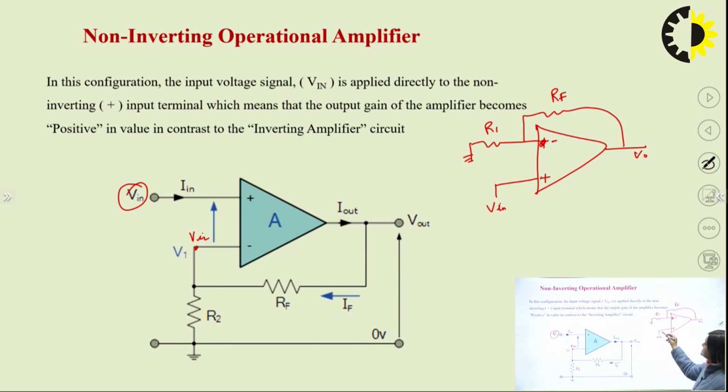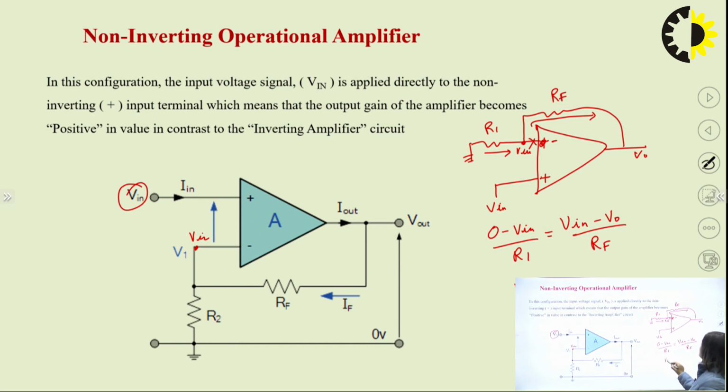So here this is VIN, and the potential here would be equal to VIN. If current is coming from this point to this point and no current is flowing into the input, the whole current is flowing through this point. By applying KCL, we have 0 minus VIN upon R1 is equal to VIN minus V0 upon RF.